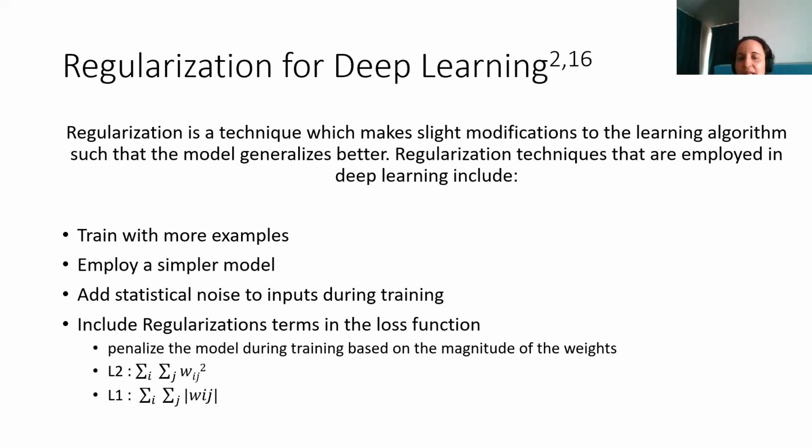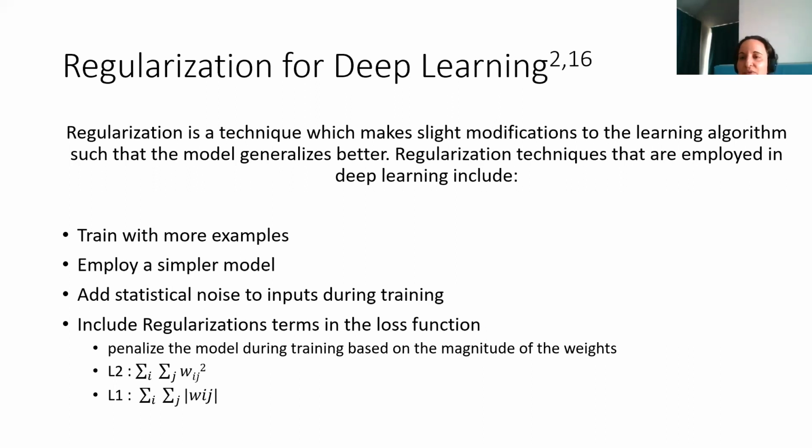You can add some statistical noise to the inputs during training so that the model learns how to recover from that noise. Another is to include regularization terms in the loss function, which is also part of regularizing classical models. The main thing is to penalize the model during training based on the magnitude of the weights, and popular regularization functions are L1 and L2.